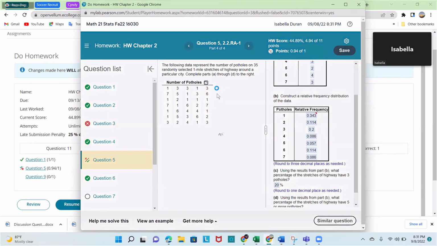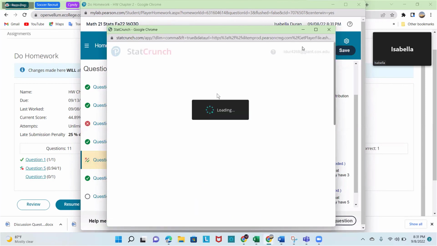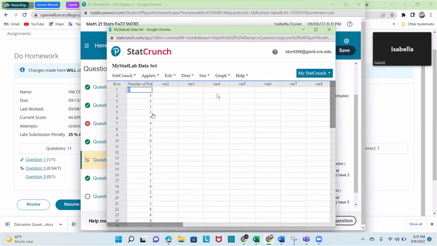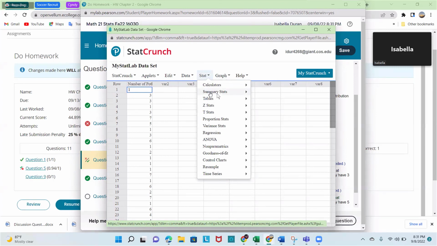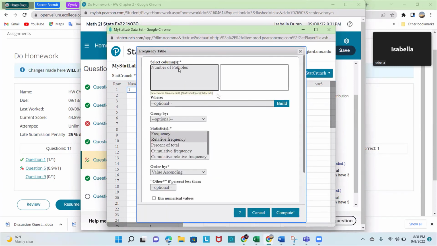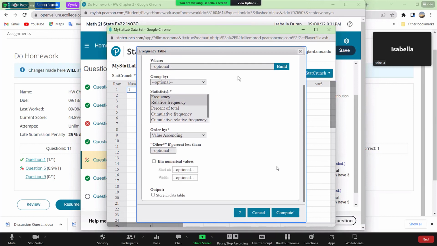Does this one work in StatCrunch? Yeah, when it's got data values, it works in StatCrunch. Okay, so then Stats, Tables, Frequency.